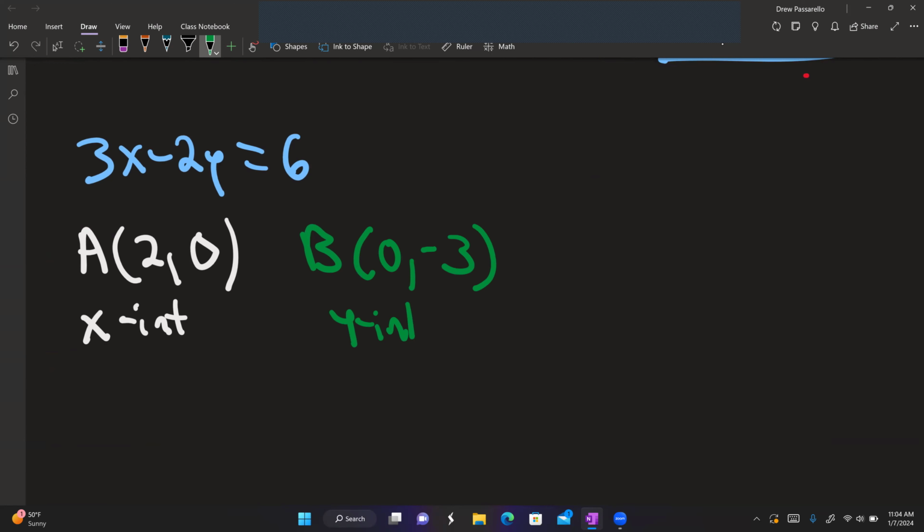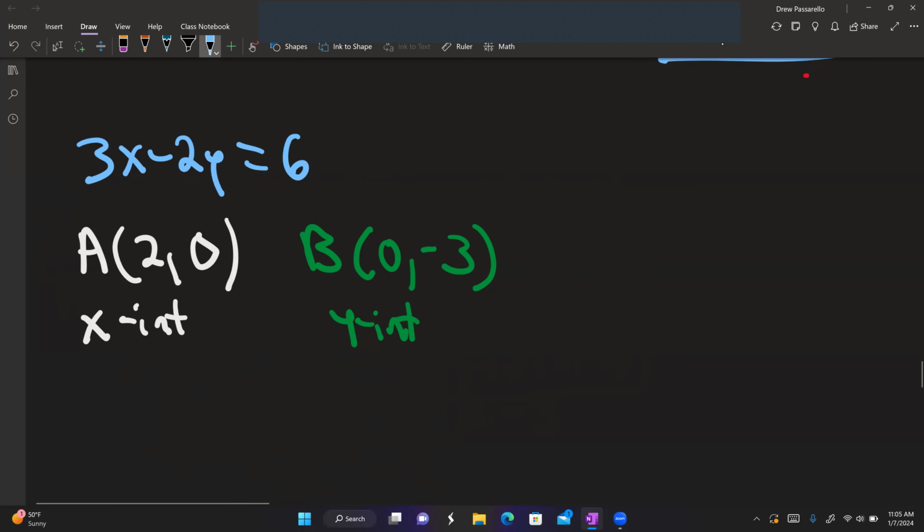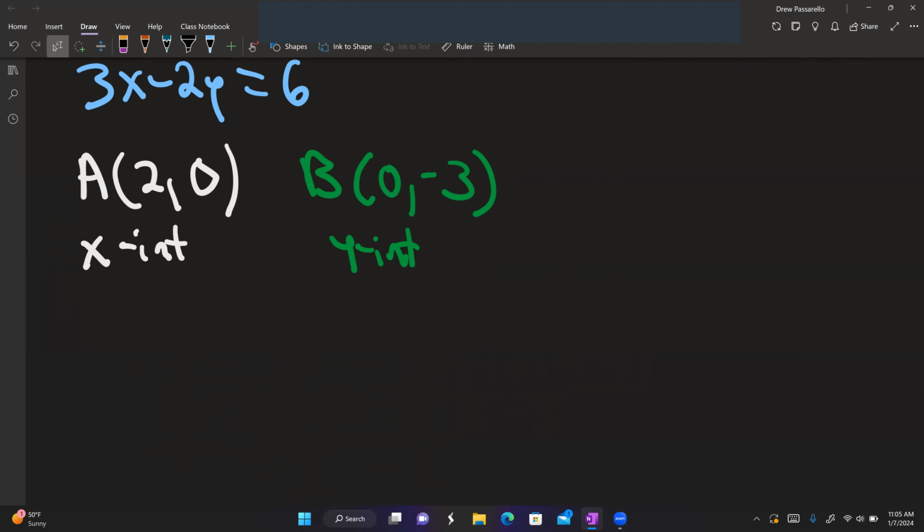Now, luckily for you, when you do the homework, the line part, Hawks fills in the line. You just got to plot the 2 points, and then the line gets automatically created. But I do recommend doing this first, doing everything by hand, getting an idea of what it should look like.